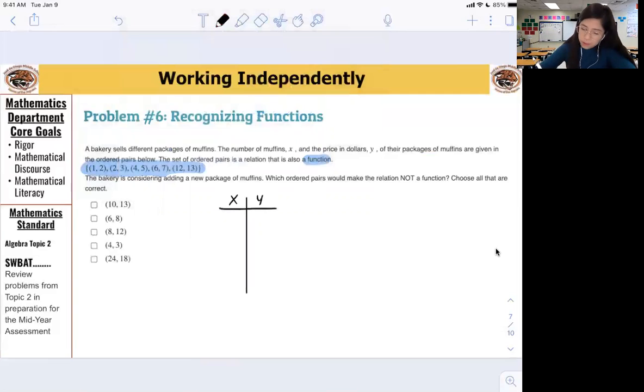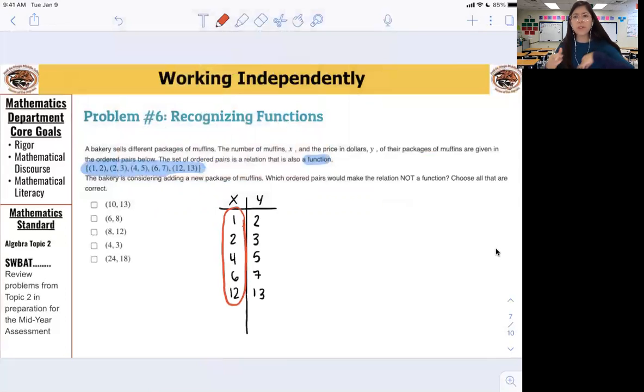So I have (1, 2), (2, 3), (4, 5), (6, 7), and (12, 13). This is a function because if I look at the x values, there's no repetition. That's always what you want to look for. You want to make sure that there's no repeating x values.